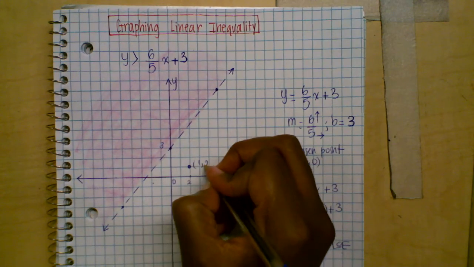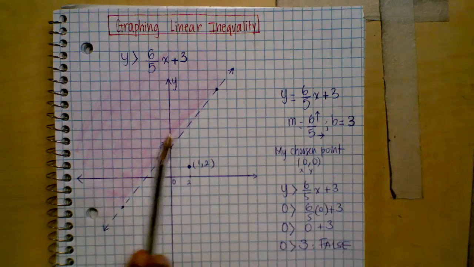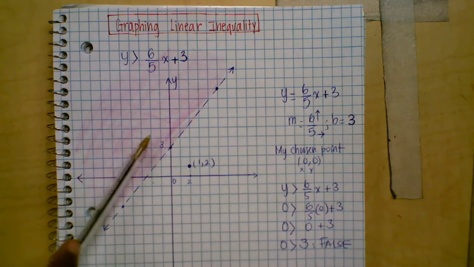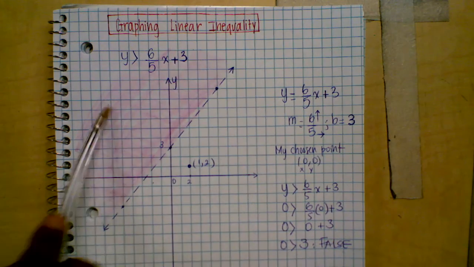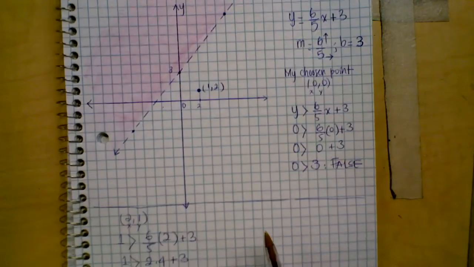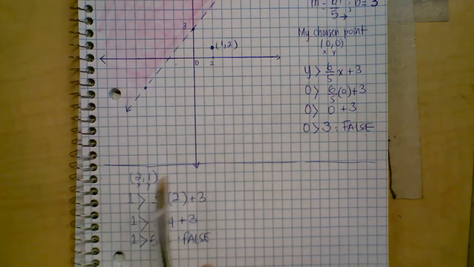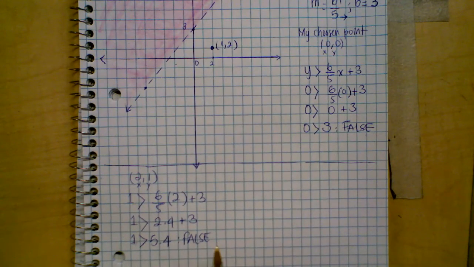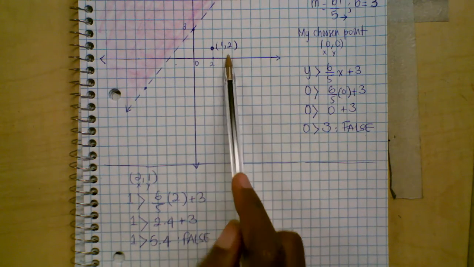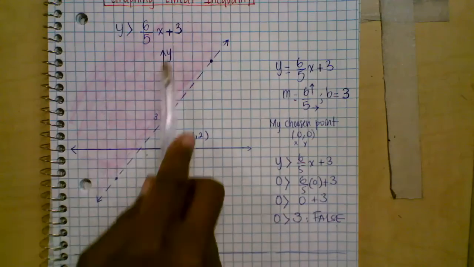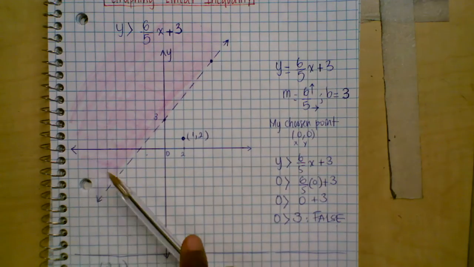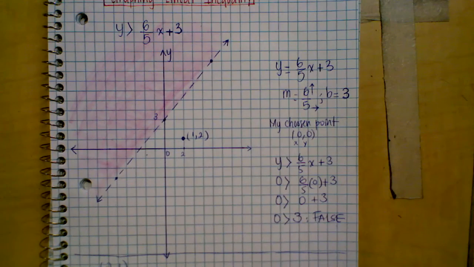So you see that any ordered pair you choose that is not in the solution region will make this inequality false. Any points in the solution region but not on the line make this inequality true.